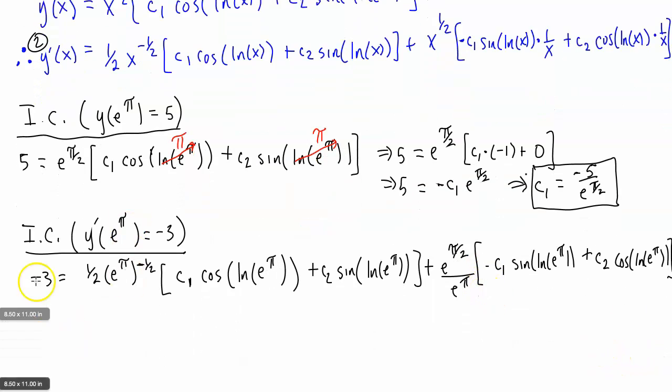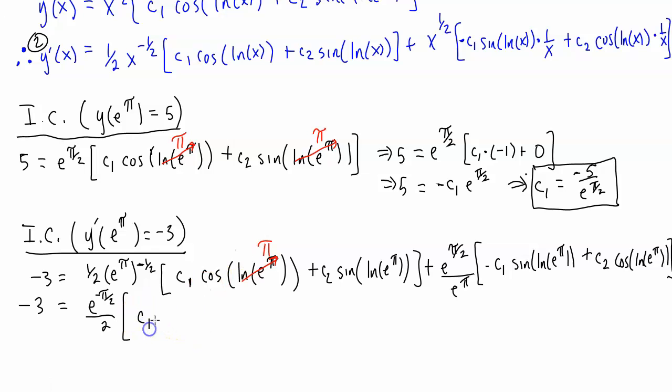All right. So this means here that we have -3 is equal to e raised to the negative pi over 2 divided by 2. And here, natural log of e raised to the pi, that's just pi. And cosine of pi is a -1.